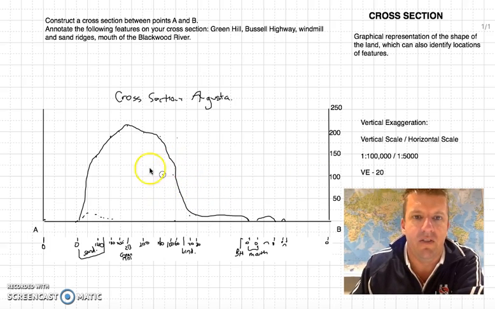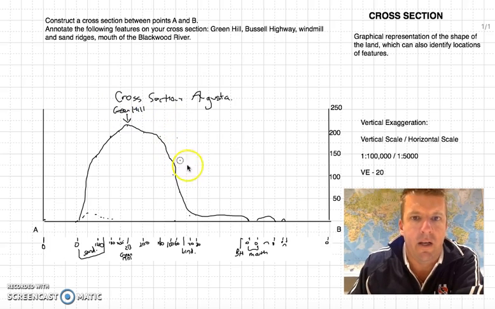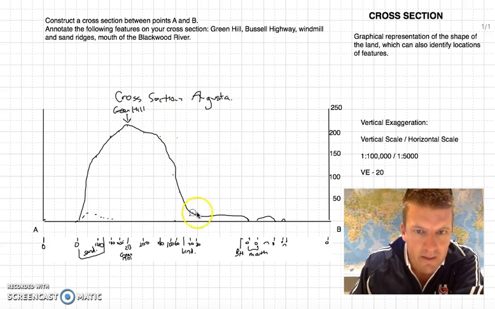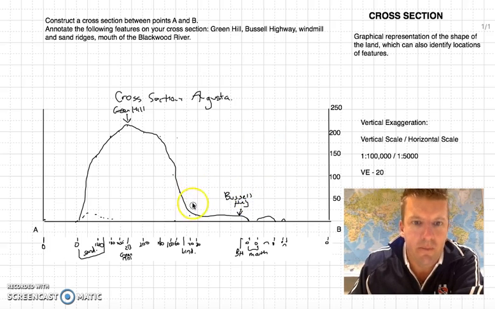The last thing I need to do is to annotate. So I've got Green Hill here. Excuse my writing. Bussell Highway is just there. I've got a windmill just there.